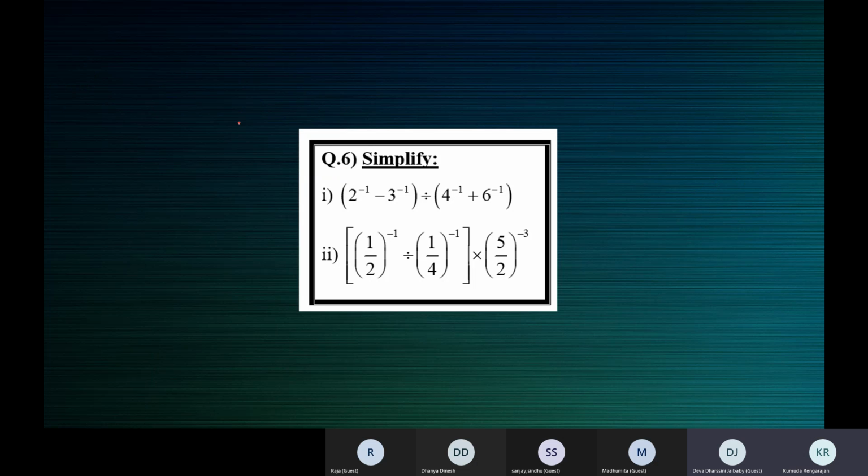So the second one also, you can see it's 1 by 2, 1 by 4, and it's division. So let's make the power positive.